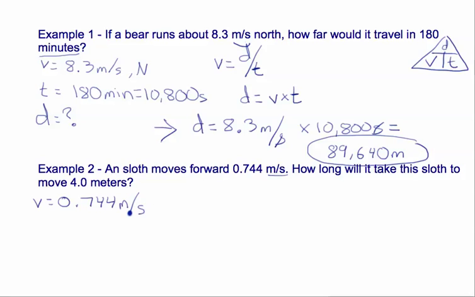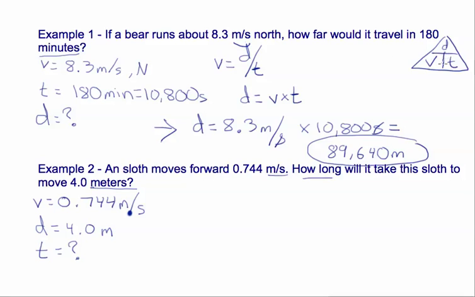And 4.0 meters is the distance. And it's asking how long. So we're solving for time. Let's check our units. This is meters and seconds, and this is meters, so they match and they're going to cancel out correctly.